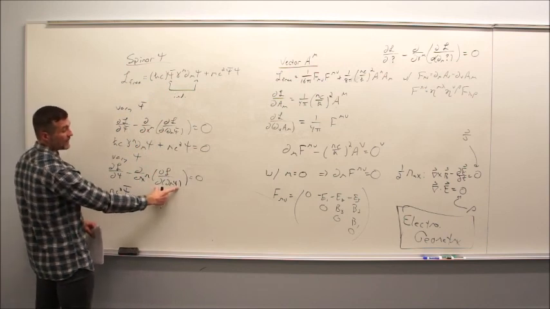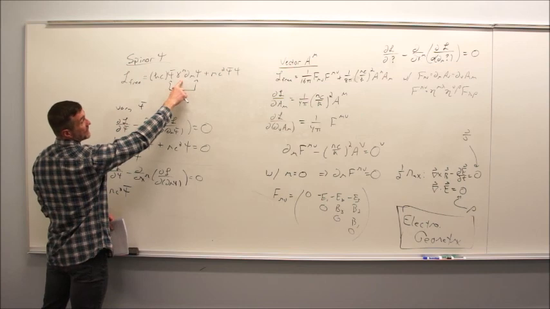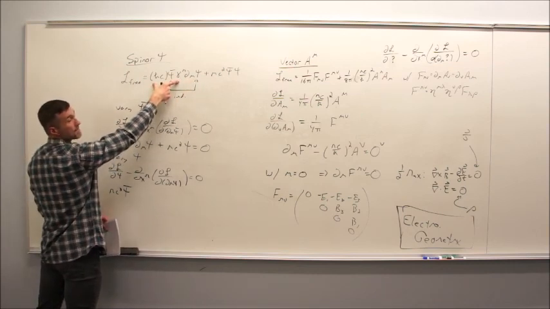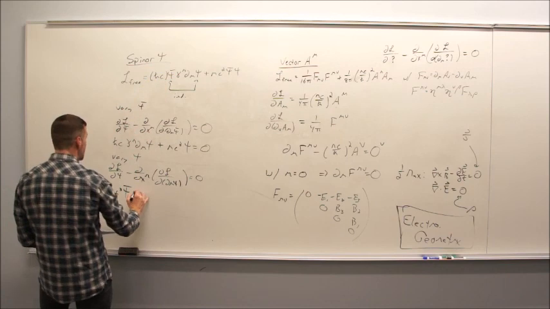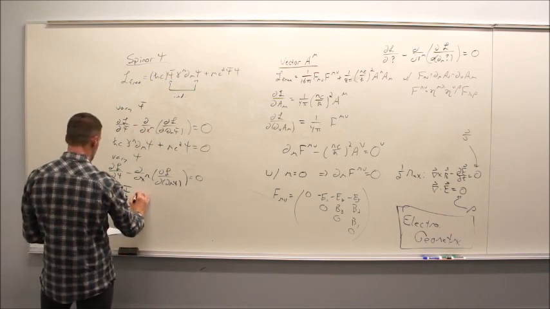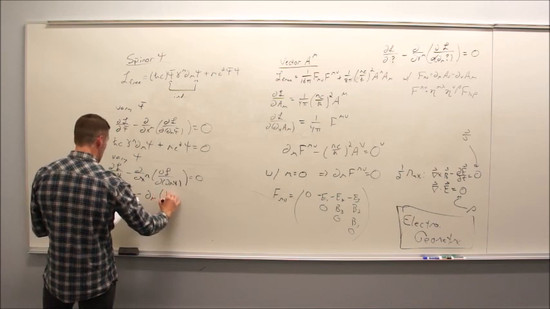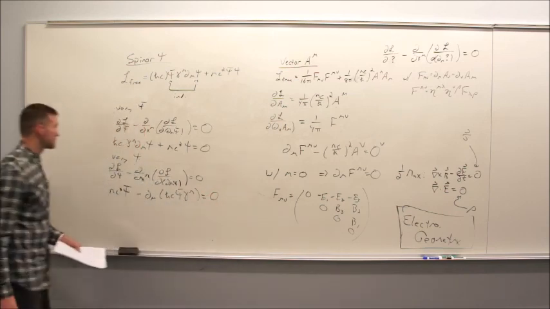If I take the derivative with respect to the derivative of psi, I literally just take everything that's multiplying this. So that's this term. But then I take the derivative of that. And so at the end of the day, this is going to be minus d_mu h bar c psi bar gamma^mu equals 0.